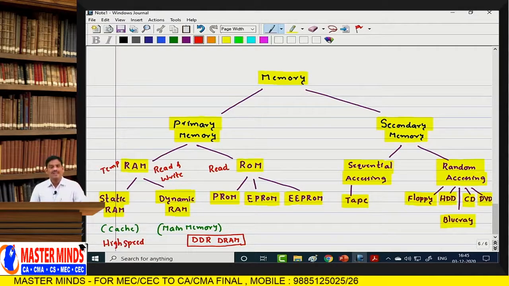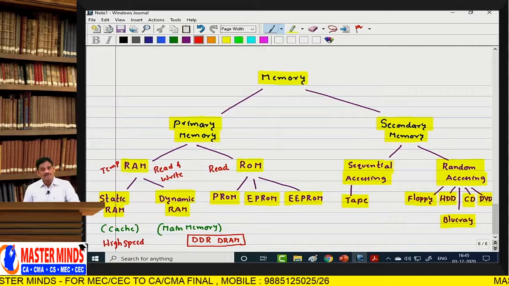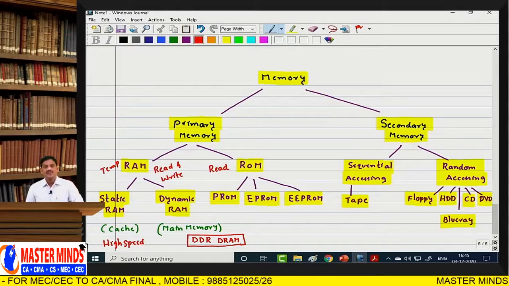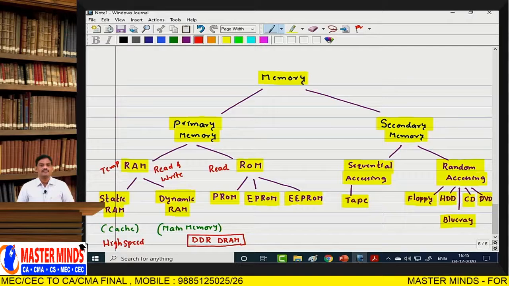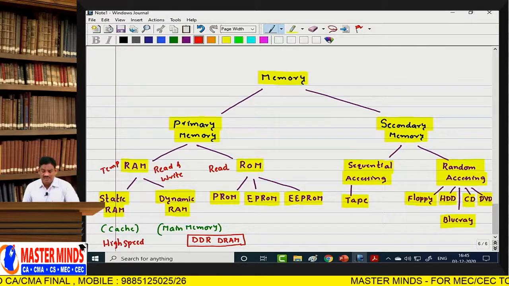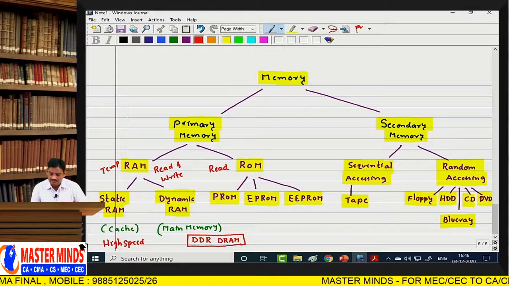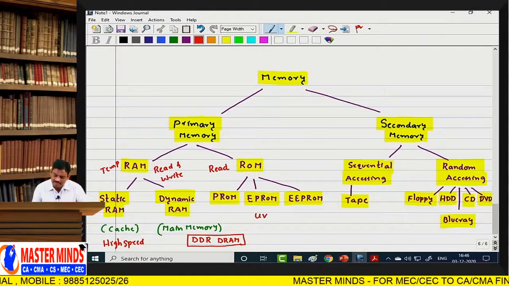So, read-only memory can be programmable. That is called PROM. By using ultraviolet, you can erase the content, called erasable programmable read-only memory.